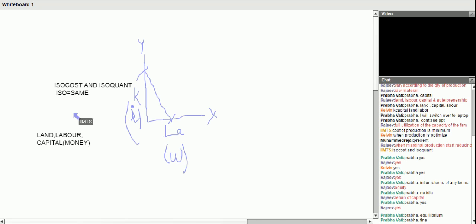So now, isocost is that line which shows the same amount of money. Because every producer is bound by a budget. He has a budget of his own and he has to make the thing done in that budget only.